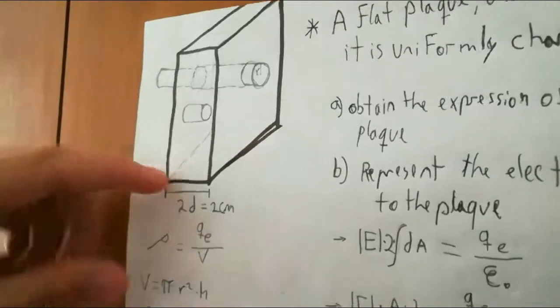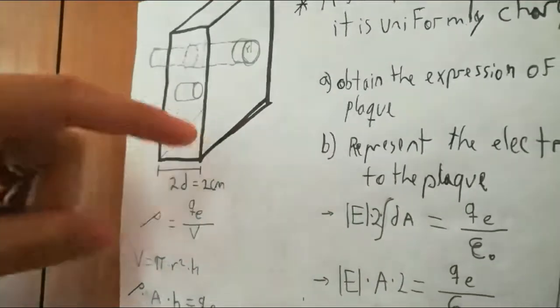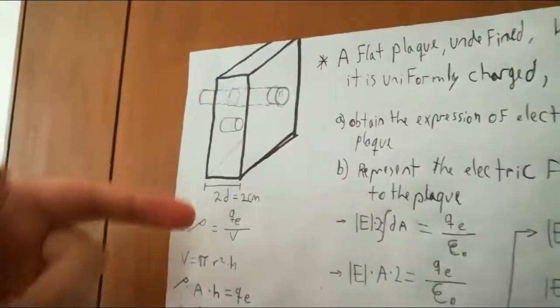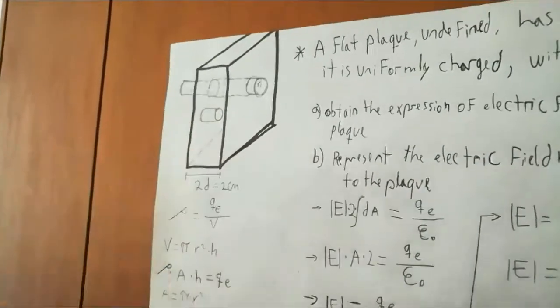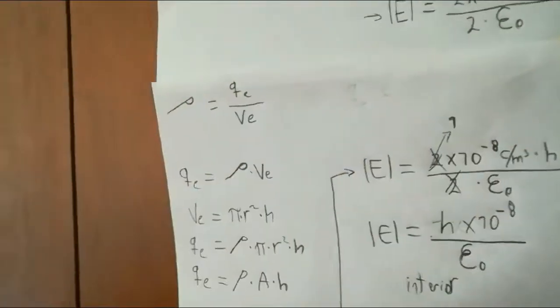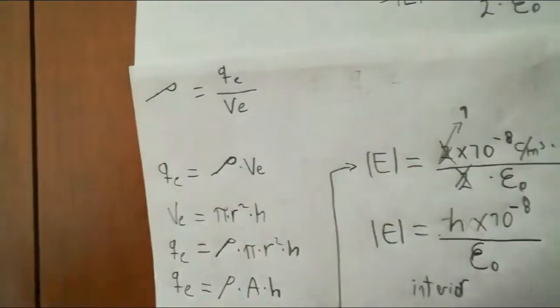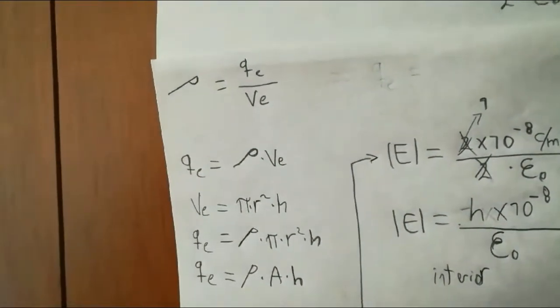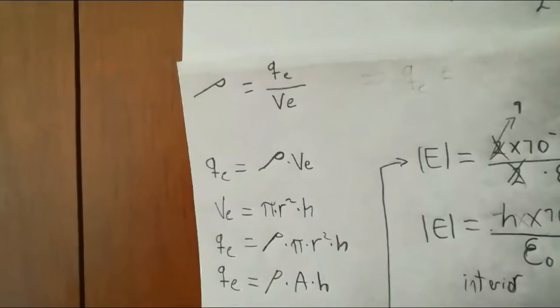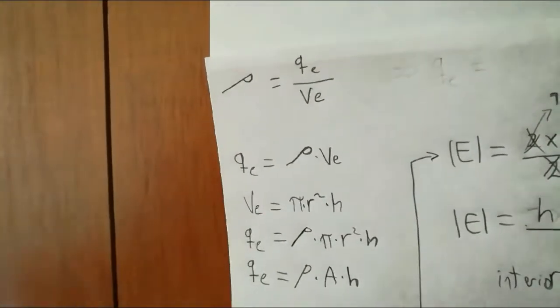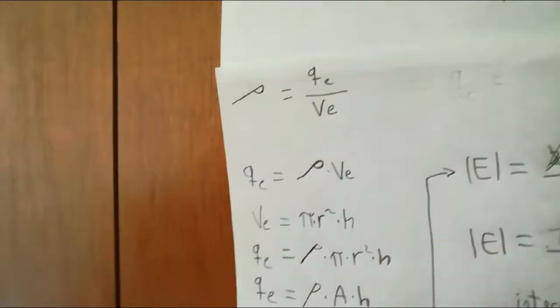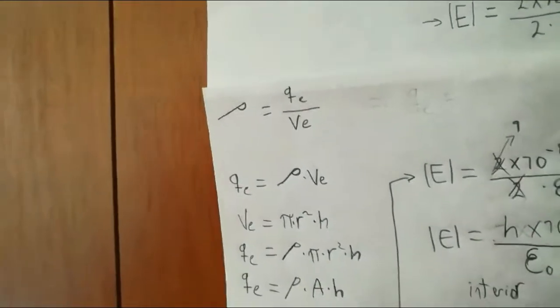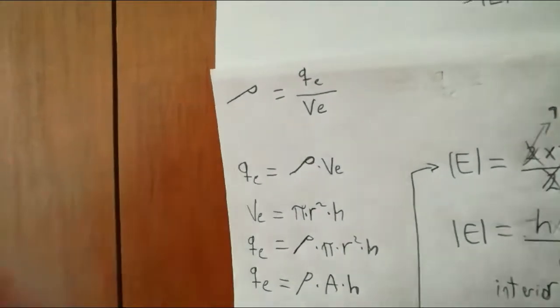Now we're going to find the expression of the electric field inside of the plate. How do we do it? Well, we take the same exercise, but we are not going to replace h. H is going to be expressed simply as a height that we don't know, but that we know is less than 2d.